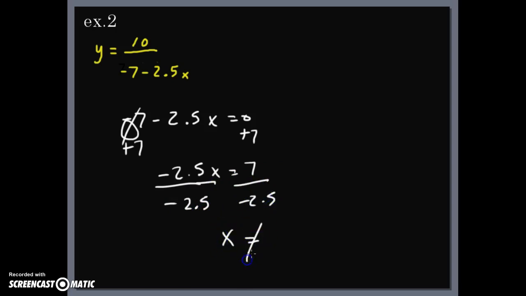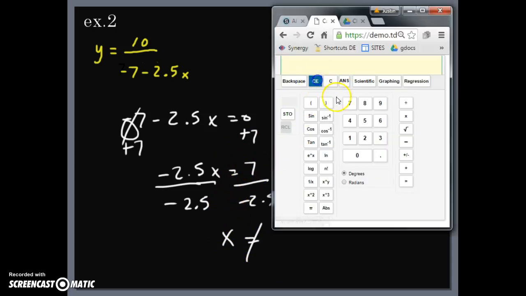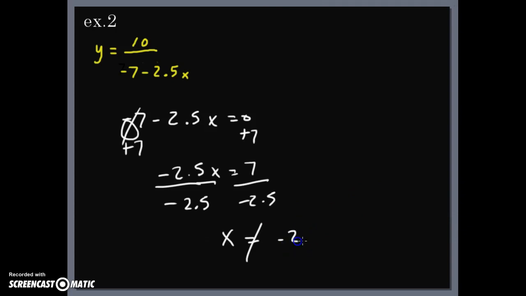And we're going to say x cannot equal whatever this number simplifies to, and I'm going to use the calculator to simplify it. 7 divided by a negative 2.5 is negative 2.8. So our domain, x is all reals, except x cannot equal negative 2.8, and I can barely fit it.